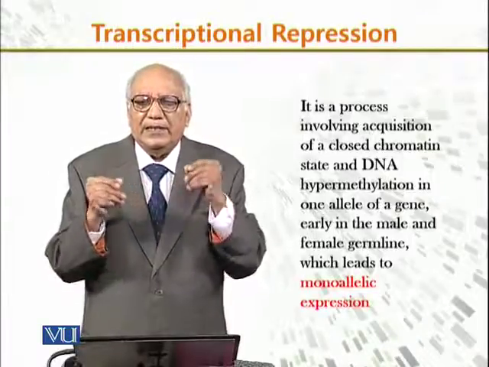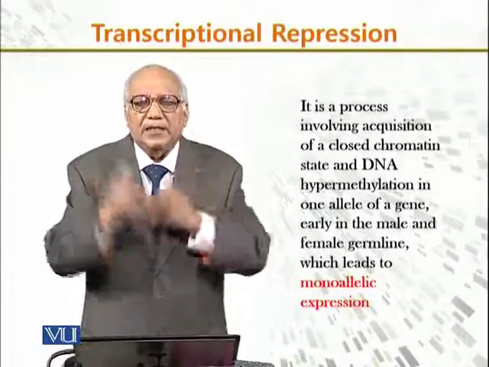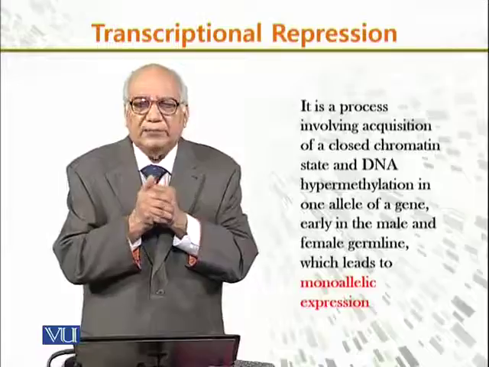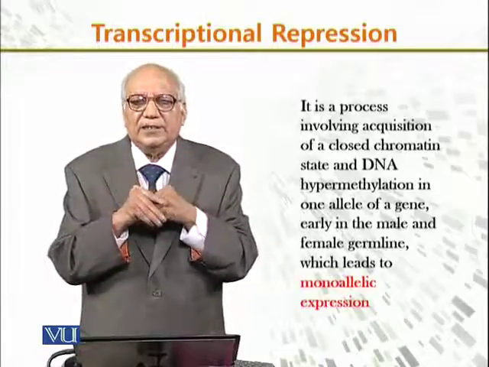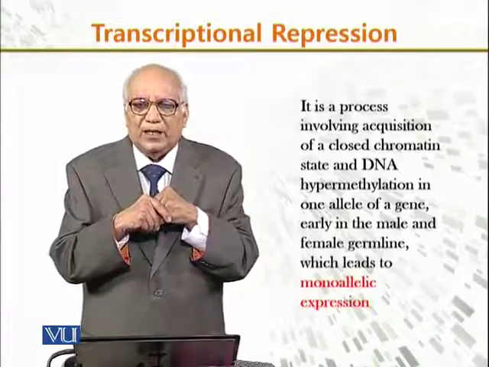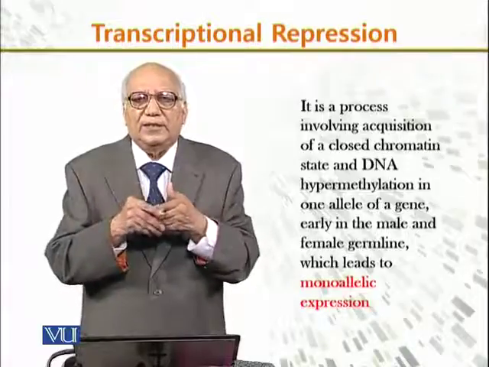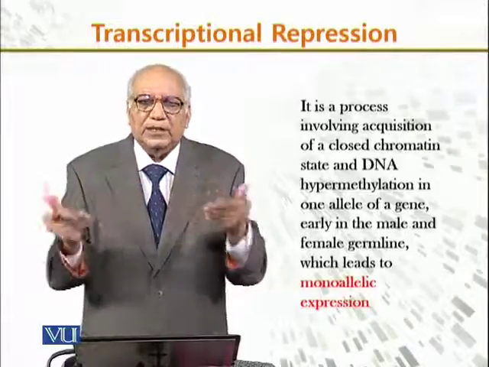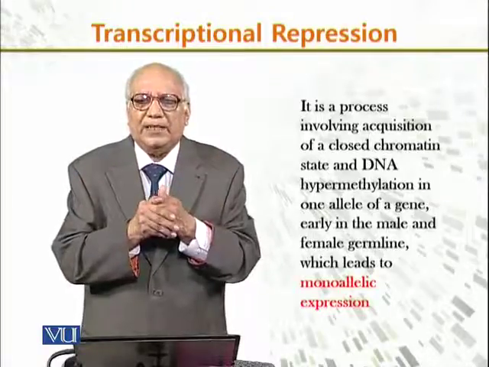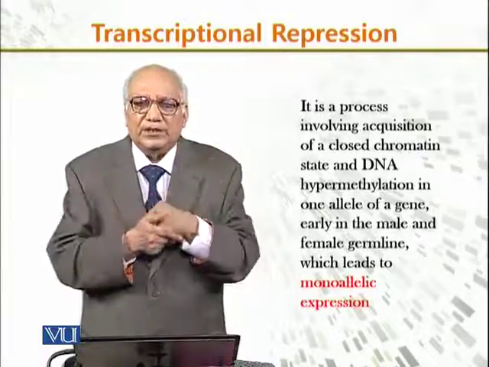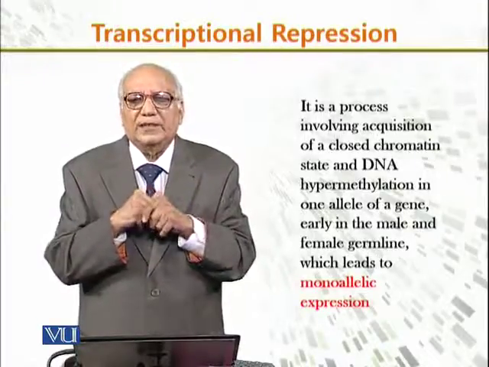Early in the male and female germline. मेल और फीमेल के germline की early stages के ऊपर ये methylation हो जाती है, and this methylation leads to monoallelic expression. जाहिर है कि जब methylation होती है तो वो एक allele में होती है, उसको inactive करता है और वो inactive रखता है. तो in this case, this keeps it in a monoallelic expression.